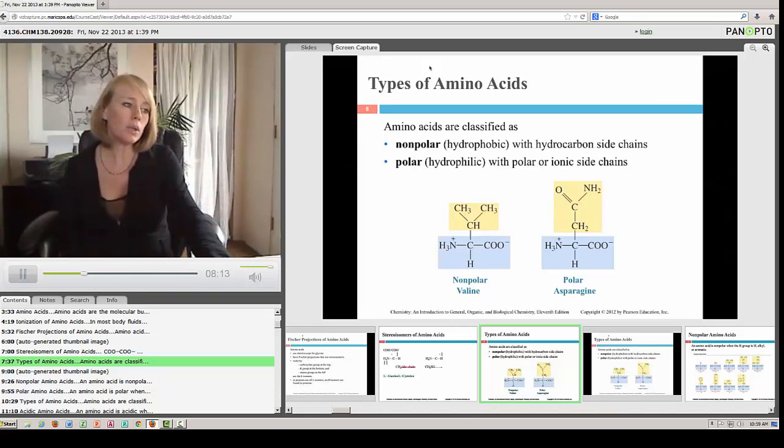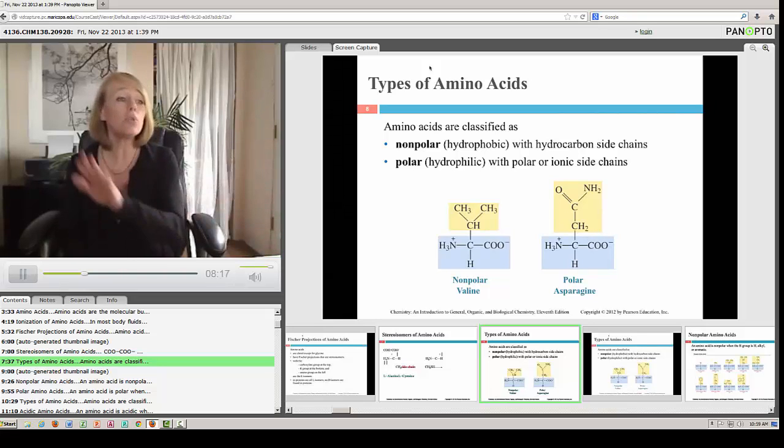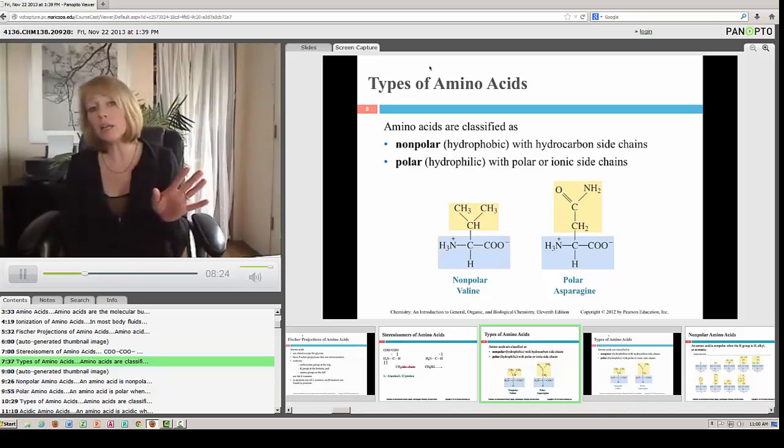And so when we look here, we have a nonpolar valine. You can see that the valine is an isopropyl group there, highlighted in yellow, and it's all hydrocarbon. Okay, it doesn't have any polarity because the difference in electronegativity between hydrogen and carbon is not a lot.